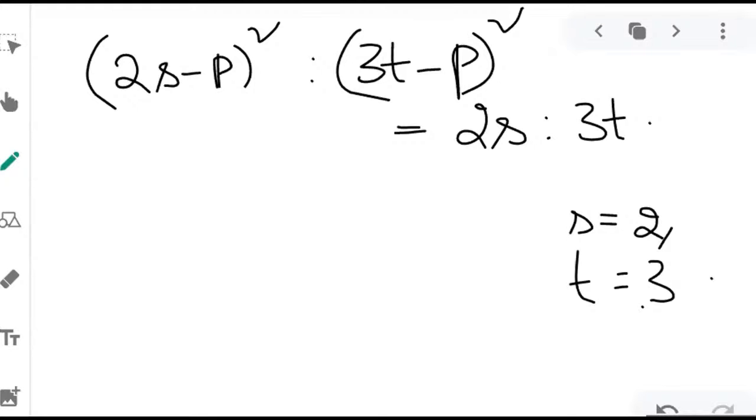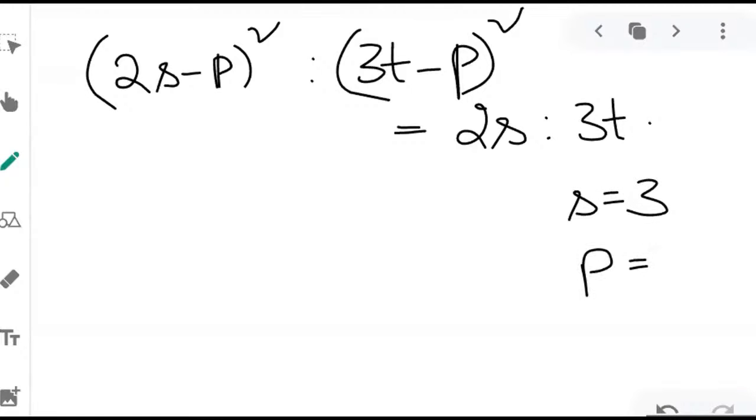Or we'll take the reverse because that will make it easier for me here. s is equal to 3 and t is equal to 2. So if you substitute s is equal to 3, 2 into 3 is 6 minus p.